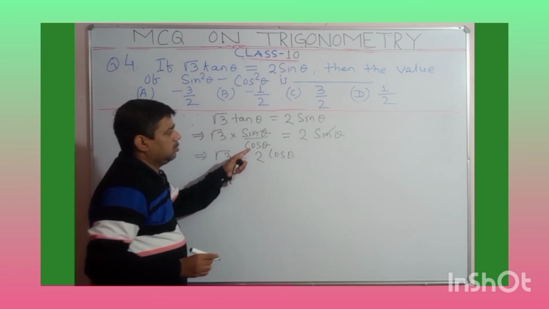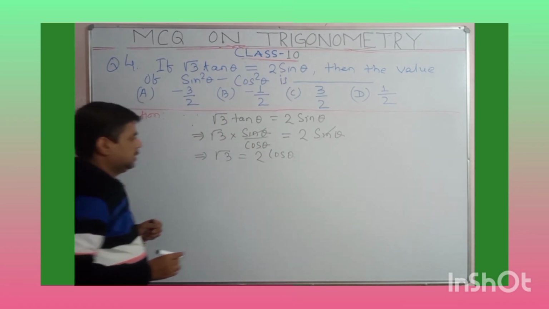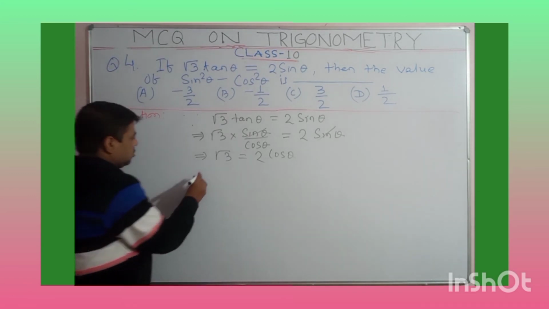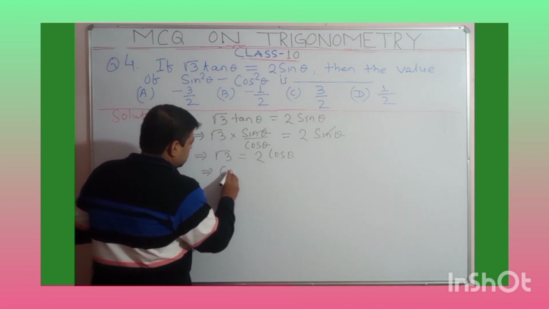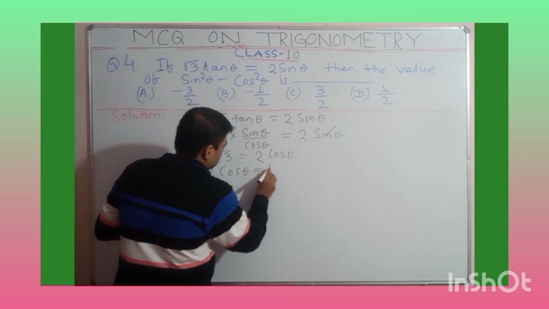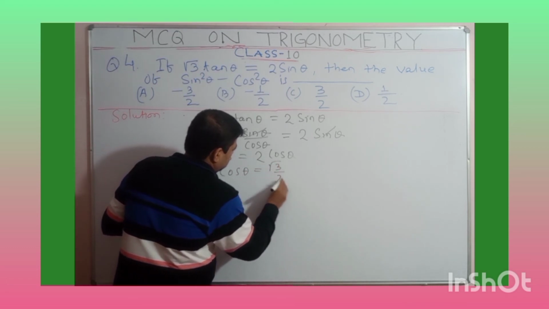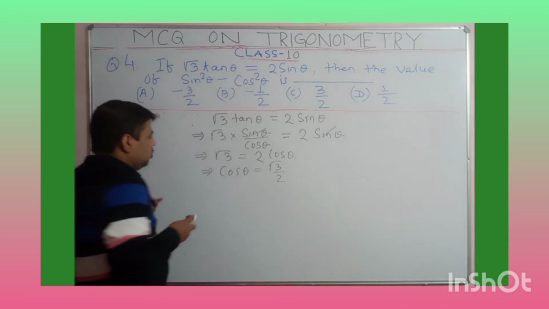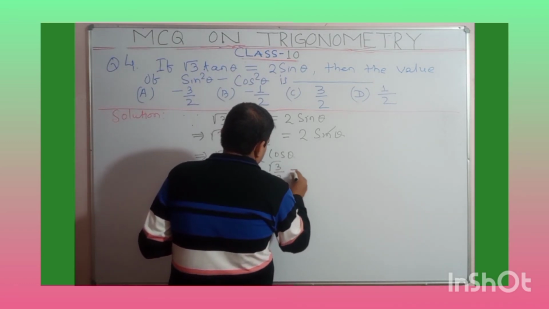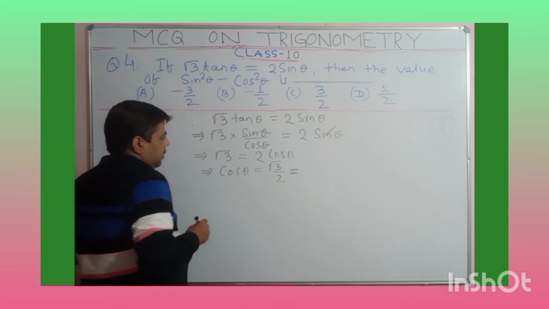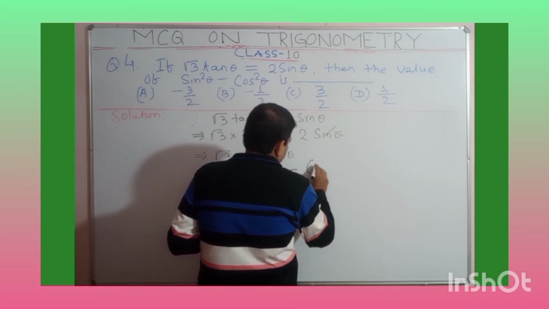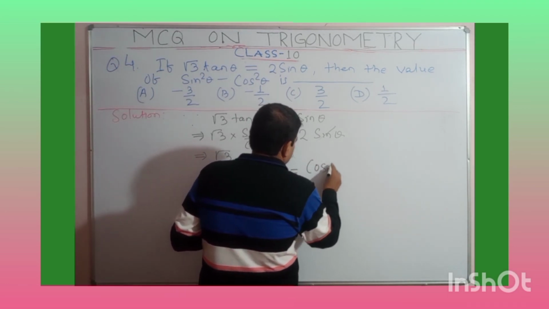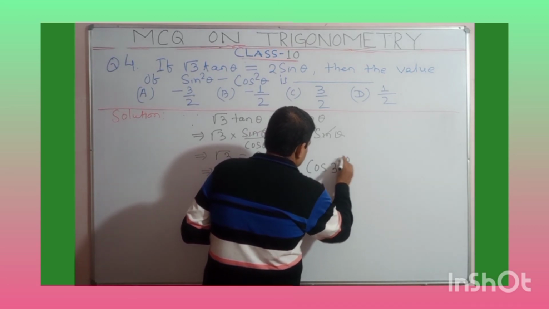Here cos theta will be transferred to the right hand side. It will be 2 cos theta. So that implies cos theta is equal to root 3 upon 2. Yes or no? Cos theta is equal to root 3 upon 2. What do we know? Cos 30 degrees is root 3 upon 2.